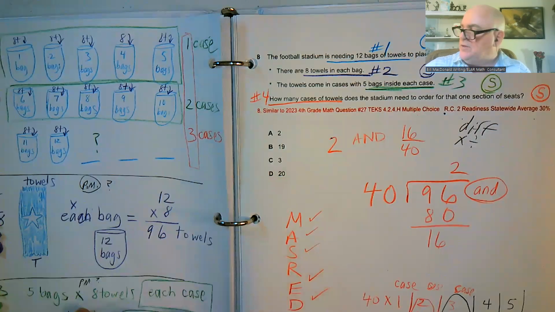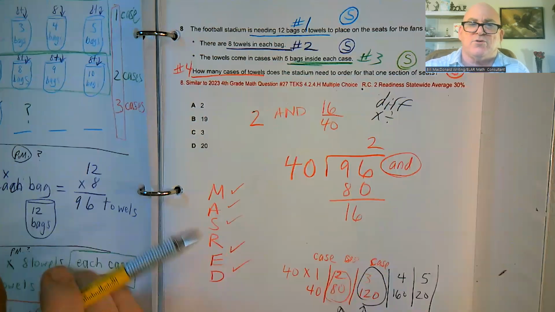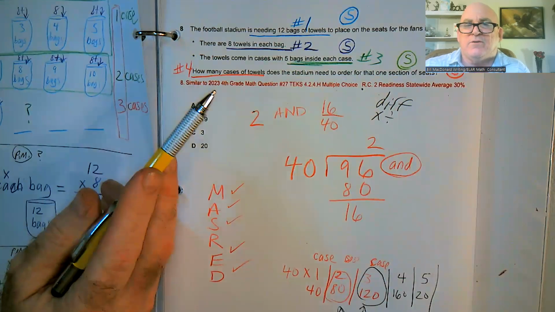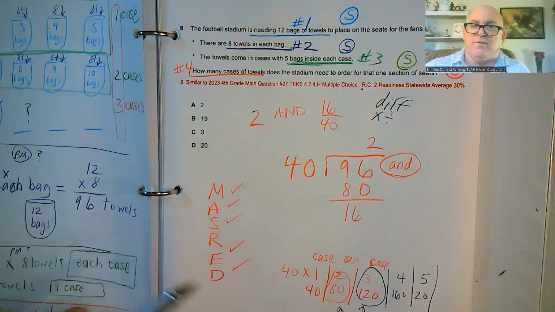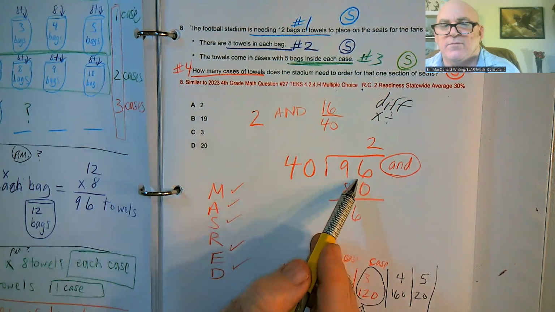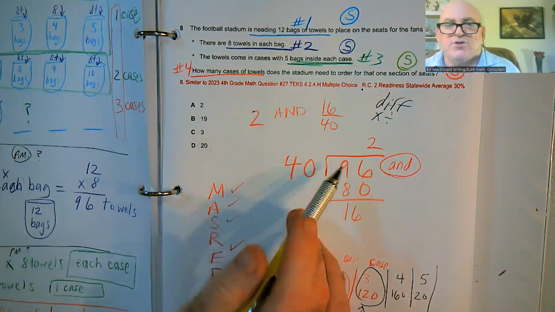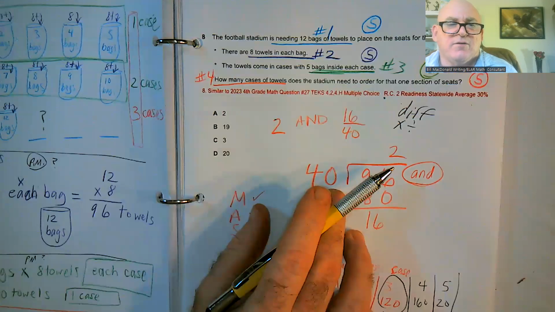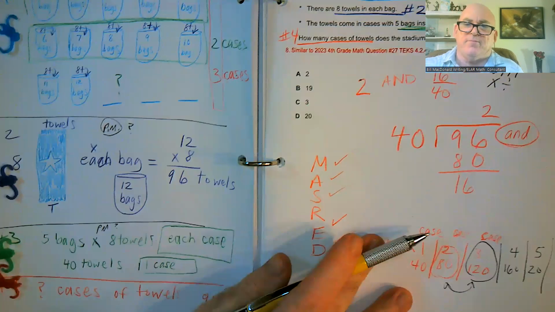But if the students went to the question and asked that question, how many cases of towels do they need to order based on what? Well, I need 96 towels and they're coming 40 towels to each case because of what we just did on step 3.